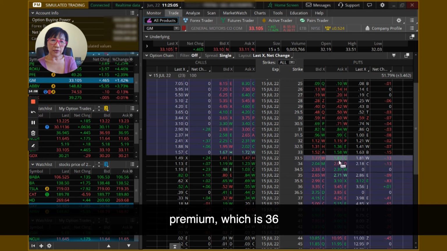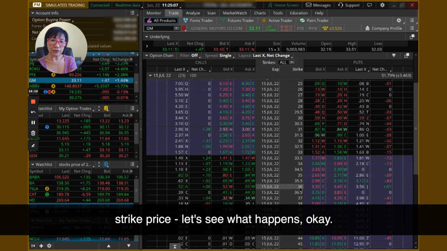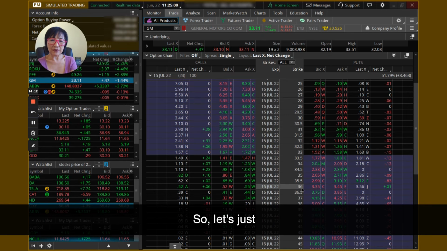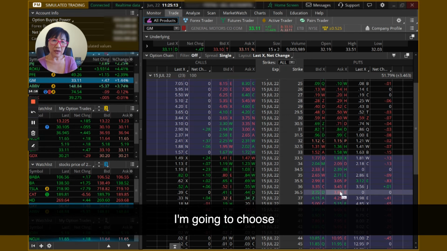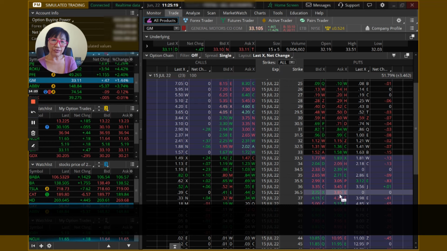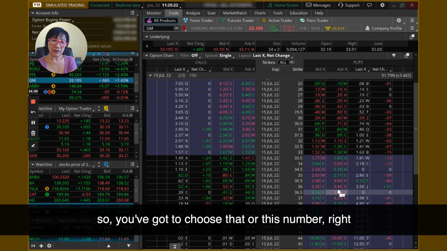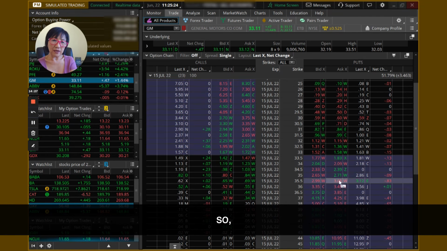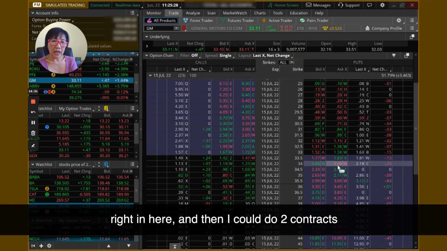Which is the 36 strike price. Let's see what happens. Okay, so let's just say a strike price of 36. I could choose right in here, and then I could do 2 contracts.